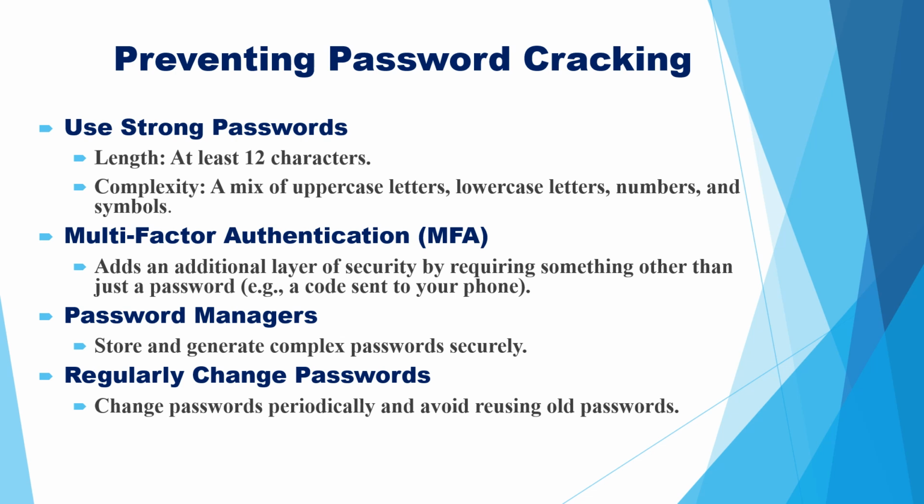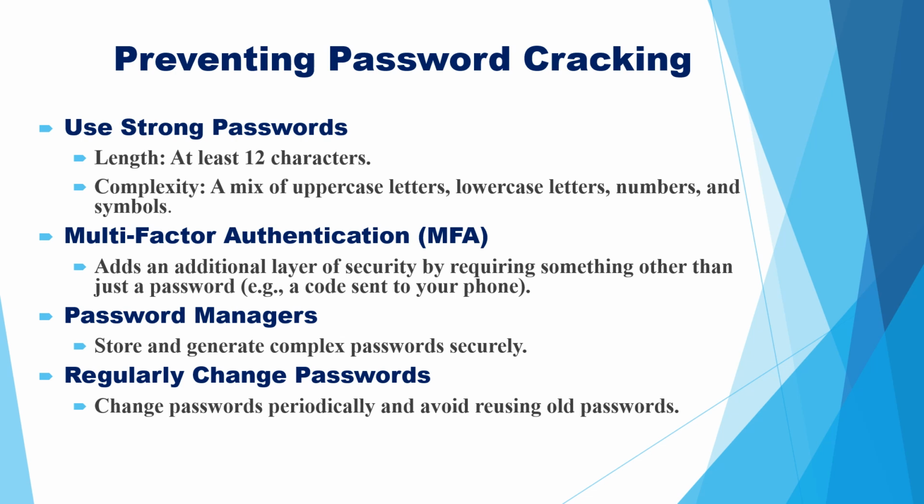Then there are certain preventive methods for password cracking. First, use a strong password, which has certain characteristics: the length should be at least 12 characters, and it should be a mix of uppercase letters, lowercase letters, numbers and symbols. The second method is multi-factor authentication, in which we use an additional layer of security, requiring something other than just a password, for example some codes.